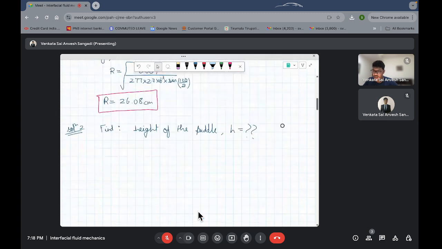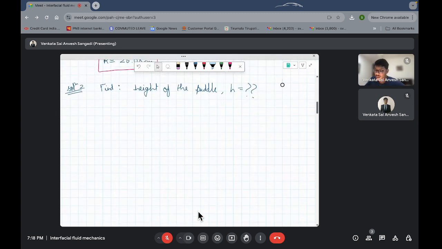If we see from the notes, we have seen that the height of the puddle is given by the expression h is equal to root 2 LC into root 1 minus cos theta e.